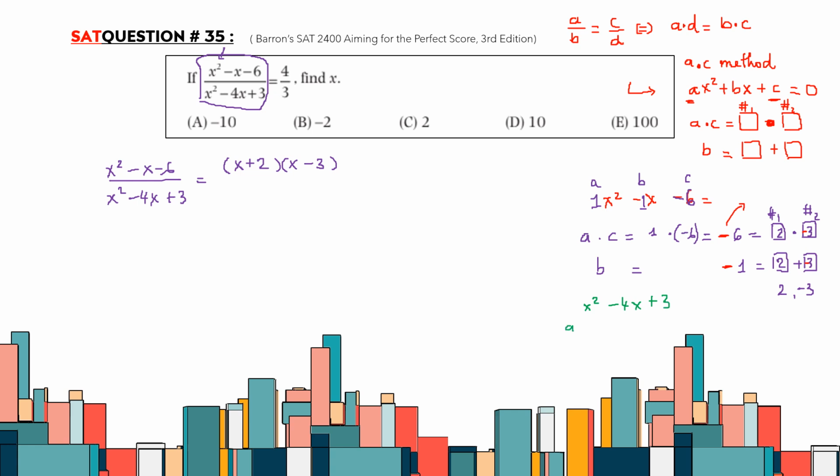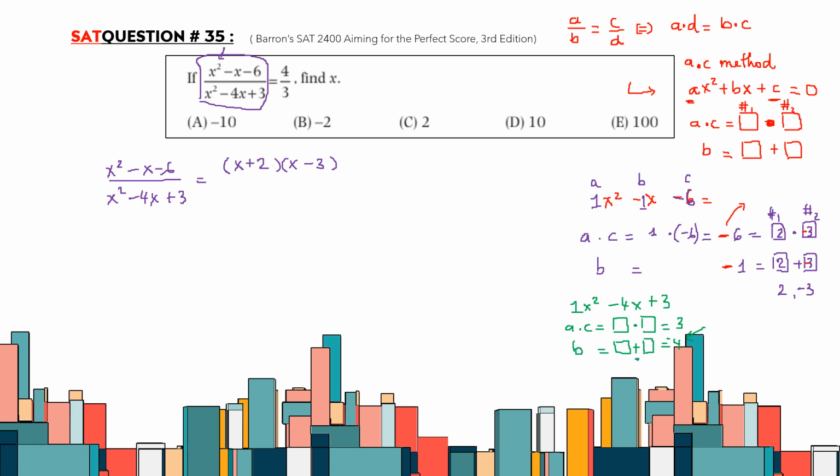A times C: what are the two numbers multiplied together? A is 1, C is 3, so that equals 3. Now B is negative 4, so the two numbers add up to negative 4. If it's negative, what does that mean?